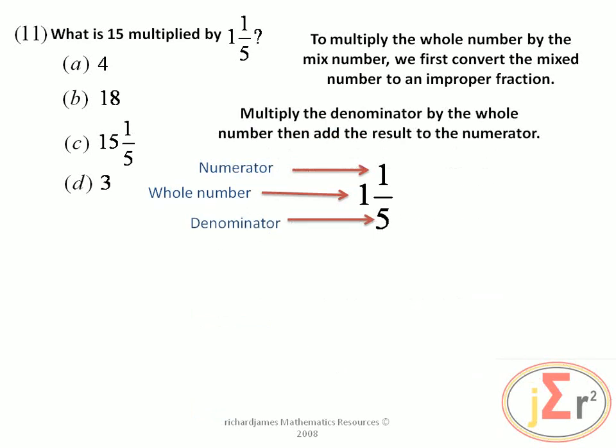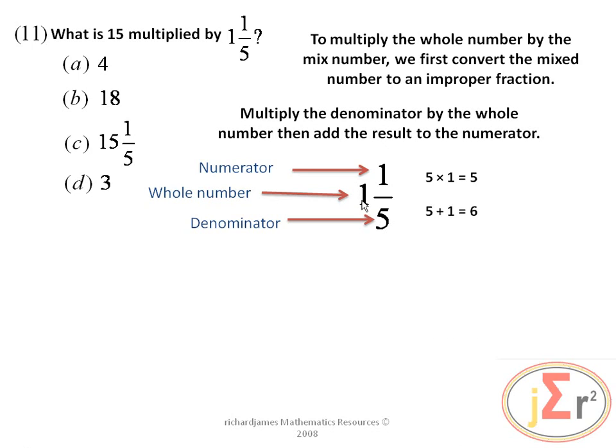So how do we convert that mixed number to an improper fraction? We are going to multiply the denominator by the whole number, then add the result to the numerator. So we start down here. 5 multiplied by 1 is equal to 5.